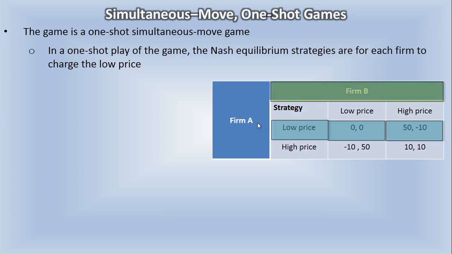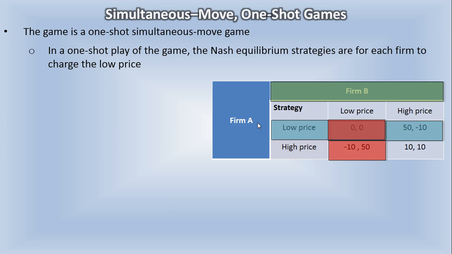All right, let's take the perspective of firm B. In response to firm A charging a low price, what would firm B do? Low price, right? Because 0 is better than negative 10. You see that? In response to firm A charging a high price, what would firm B do? Low price again, because 50 is better than 10.